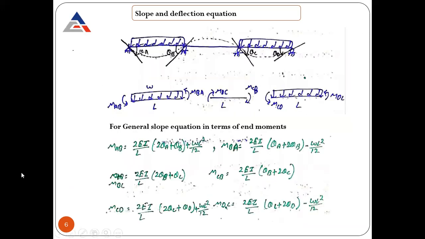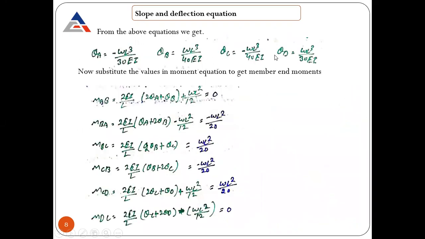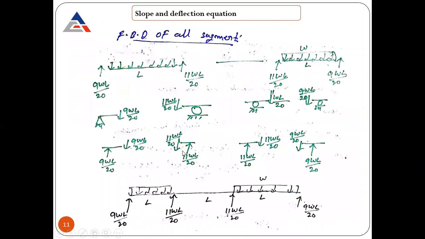We need to write this one, then we come back to these points in the form of rotations. After getting the rotations back, put all the values into these equilibrium equations, calculate the values of MA, MB, MBC, MDC, calculate the slope and put the slope back into these equations, and get the values of the moments. Then by using those moments you need to calculate reactions, and that's it. That is all about the numerical.